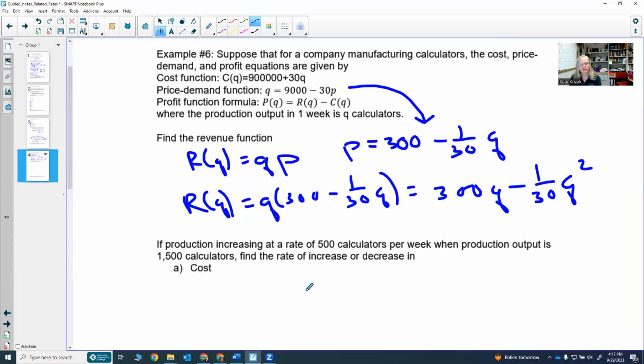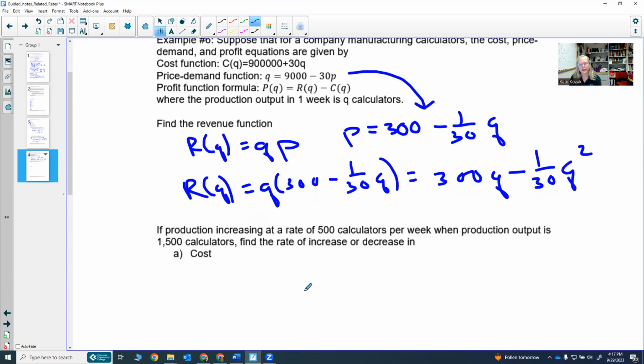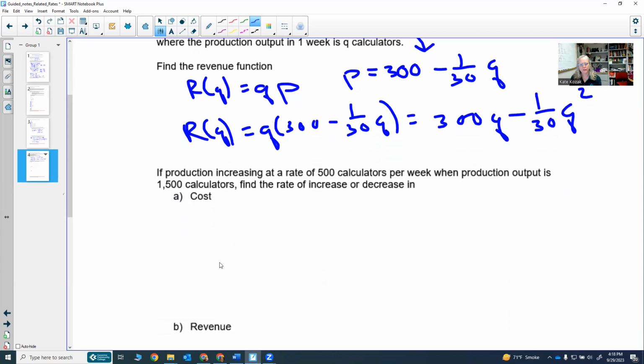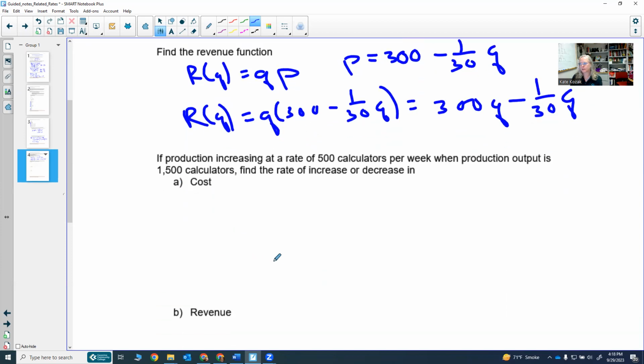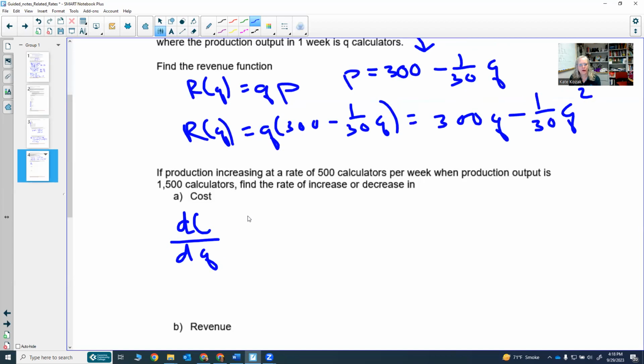If production increases at a rate of 500 calculators per week, when production output is 1,500 calculators, find the rate of increase or decrease in cost. Well, dC/dQ is going to be the rate of change of cost.